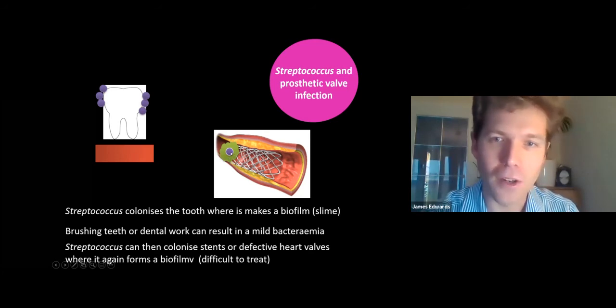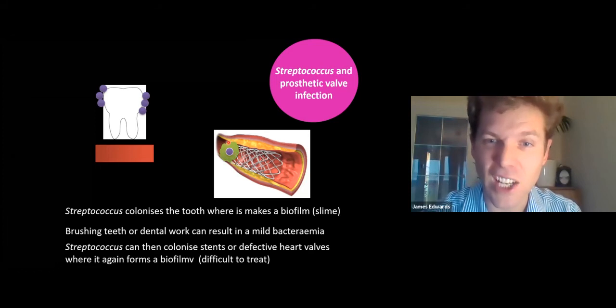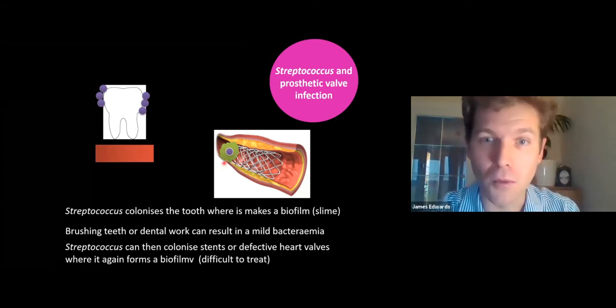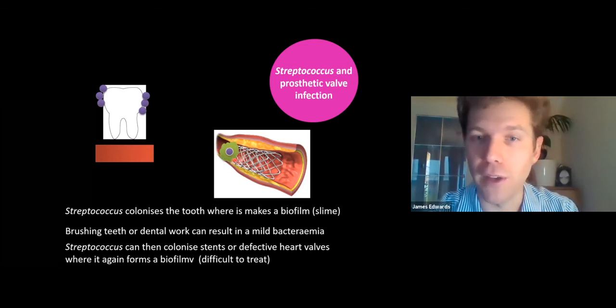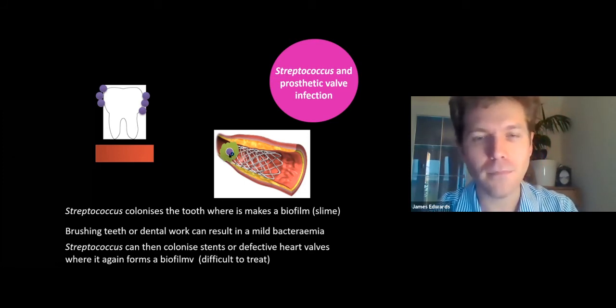And the bacteria land on the surface and they do what they're good at, which is that they make essentially dental plaque, only it's not being made on the tooth, it's now being made on the surface of a heart valve or a stent that's been implanted.